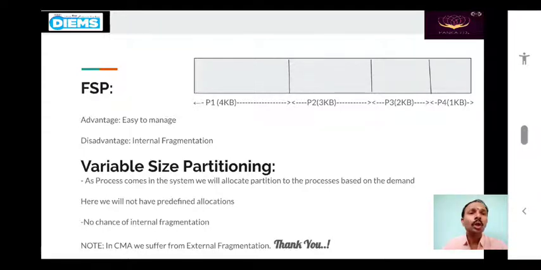It is non-contiguous memory allocation. Non-contiguous memory allocation means one block is connected to another block, which is connected to another block. That is possible only in a non-contiguous memory allocation scheme, right? So we may have a huge amount of space for our process, but in fixed size partitioning there is a limitation: one block we cannot connect with another block.